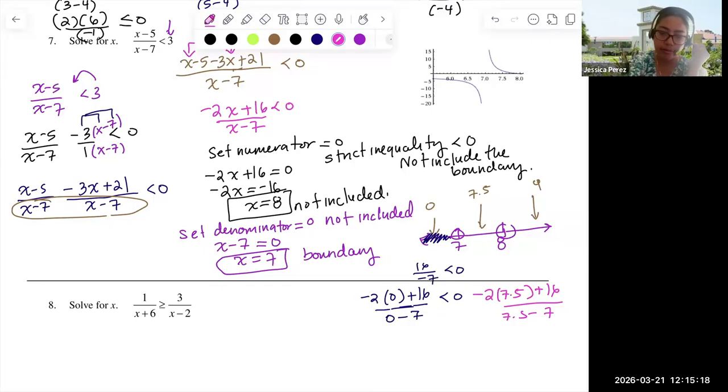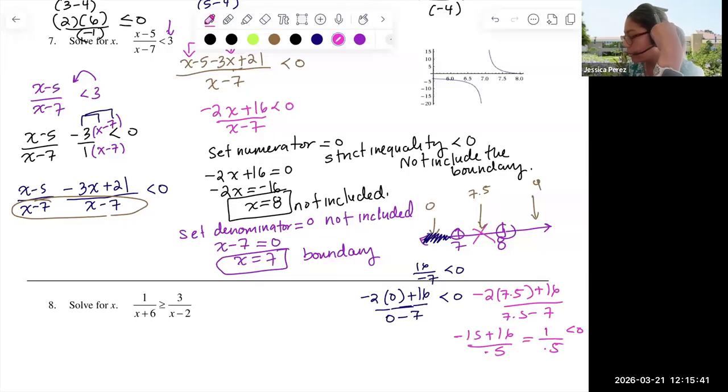So 7.5 times 2, that's 15. So I have negative 15 plus 16 over 0.5. That's 1 over 0.5, that's going to be 2. Is that less than 0? No, so I don't shade this region.